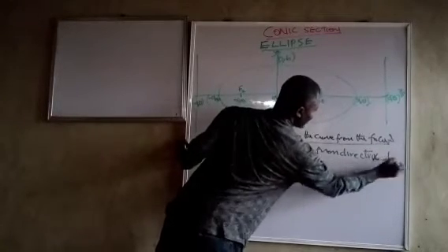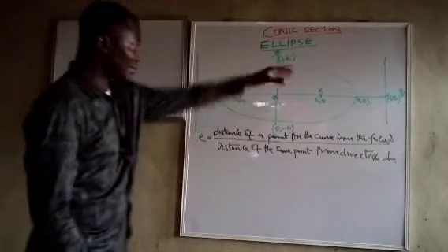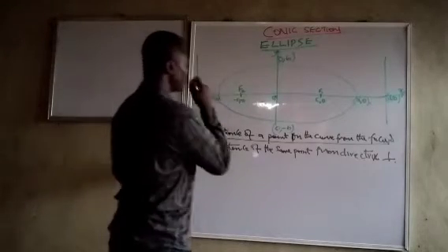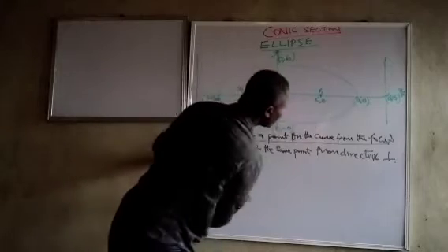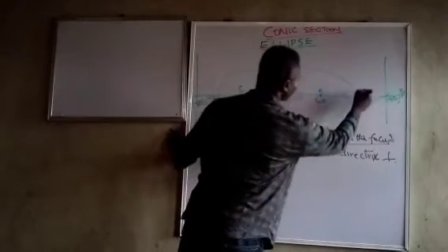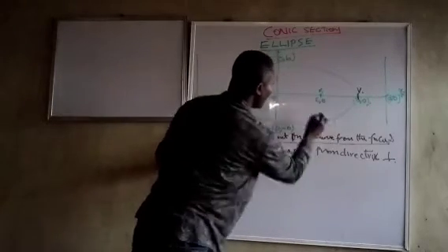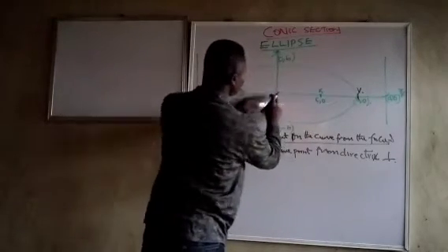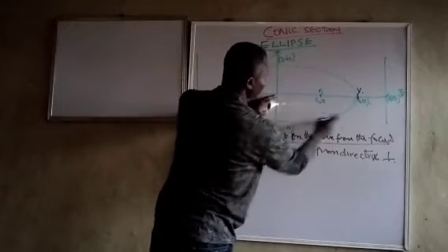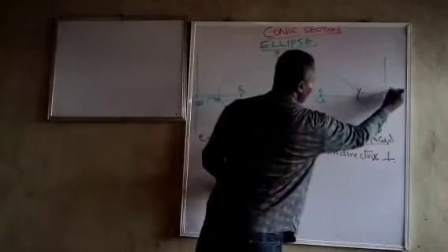Please, this distance is the perpendicular distance from the directrix. This point is a vertex, so V. The distance of A from the center is A, F from the center is C, D from the center is D. This is the directrix, please.